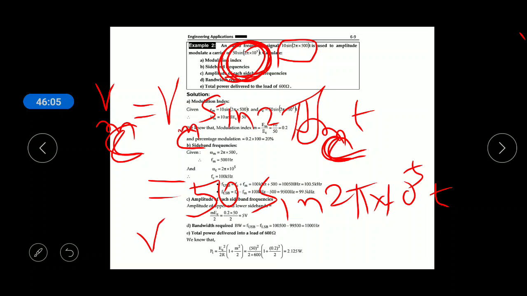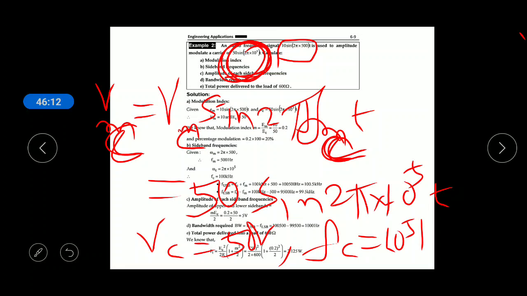So from this, Vc is equal to 50 volts and Fc is equal to 10 to the power of 5 hertz, or 100 kilohertz. 100 kilohertz is the frequency of the carrier.